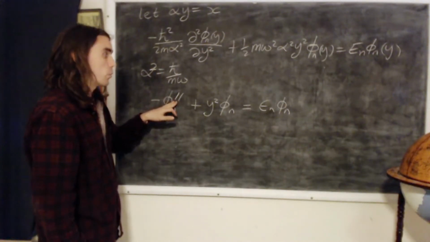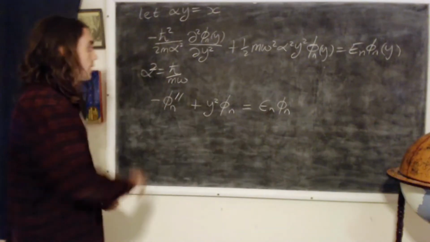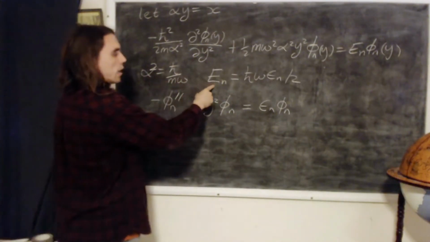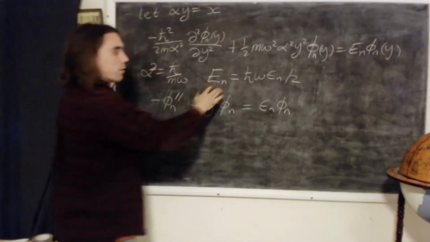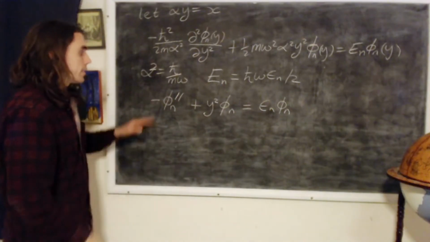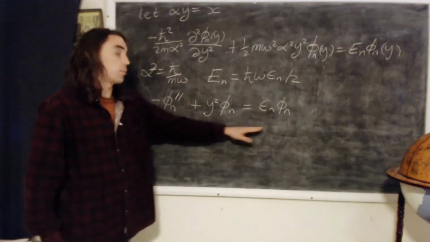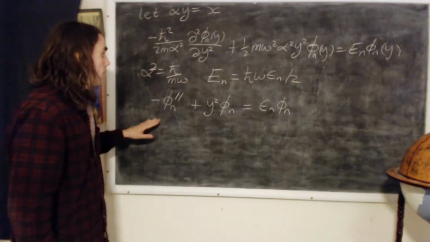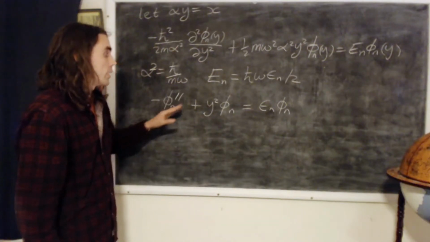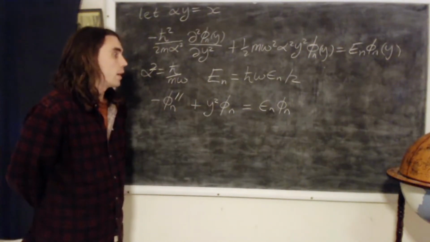So this is with respect to y, and epsilon n here is defined to be just a scaling of the energies En. Okay, so this is a simple looking differential equation, an ordinary differential equation now, as y is the only variable in the problem.